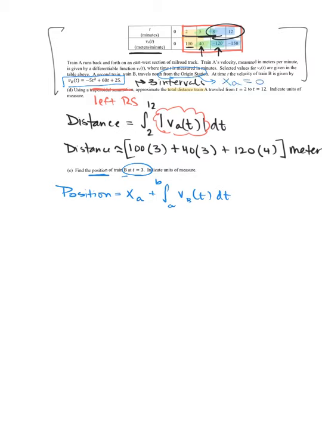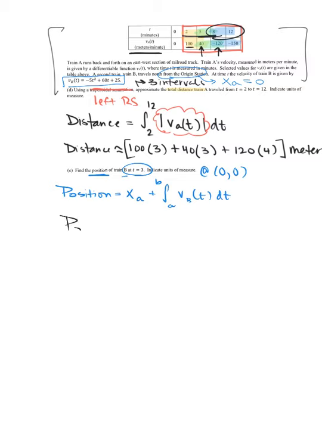Because we would be starting at 0. And so I need to know at t equals 3. Okay, so then I know that a is 0. So the start point would be (0, 0). So when t equals 0, my position would be 0 because I'm at the origin.